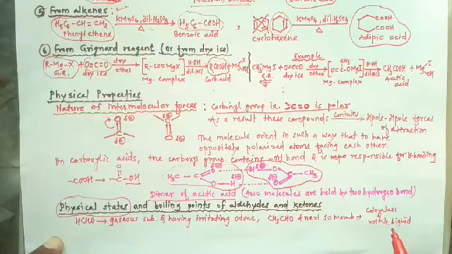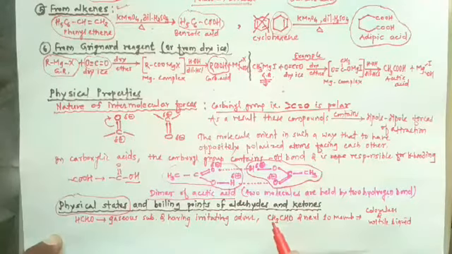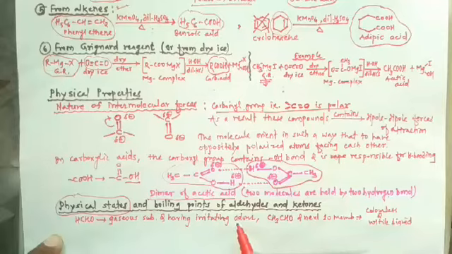So as the size of the molecule increases, the odor of aldehydes becomes less pungent and more fragrant. Thus, higher aldehydes have a pleasant odor. I am going to repeat once again.